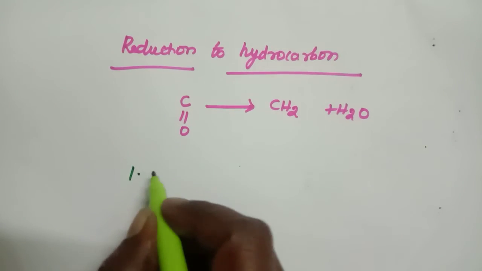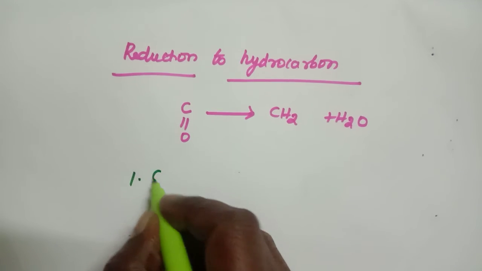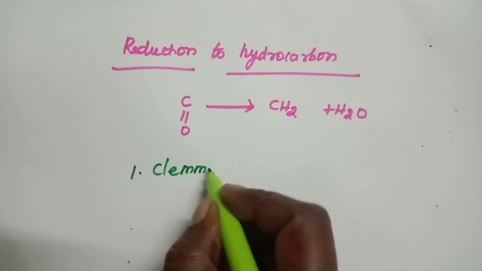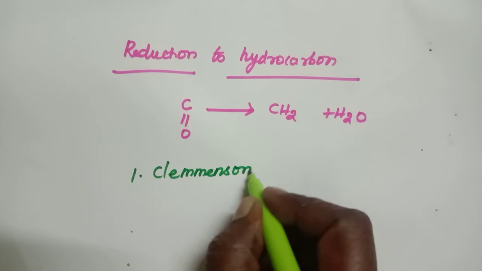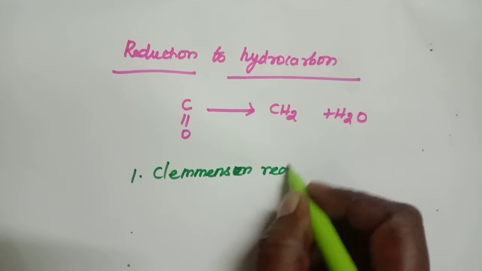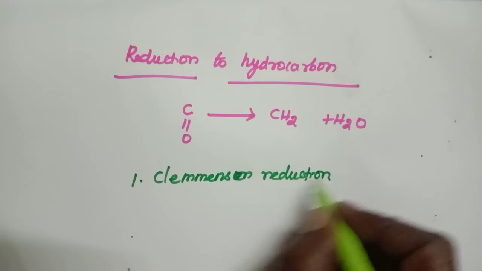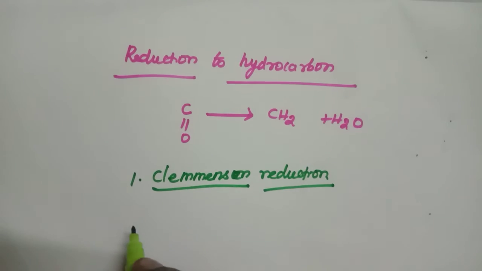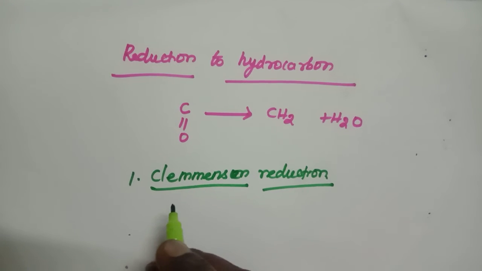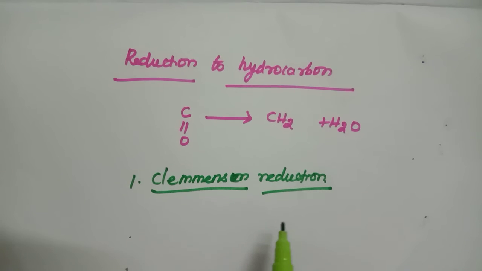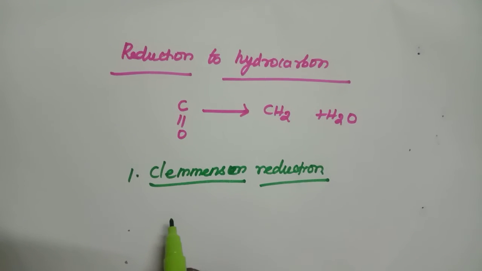The first one is Clemmensen reduction. Aldehydes and ketones, when heated with zinc amalgam and concentrated hydrochloric acid, give hydrocarbons.